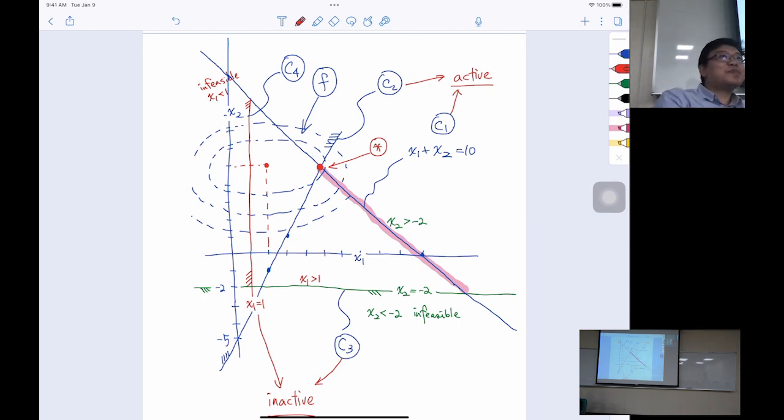I mean the value is x2 is lower than -2. If we change the value, x2 is bigger than, I don't know, somewhere above. So for example, C3 is right here, something like this. Yes. Then the solution would be right here.